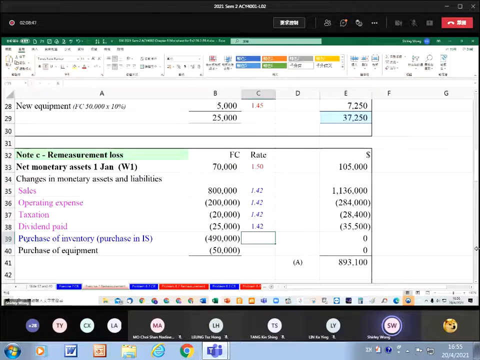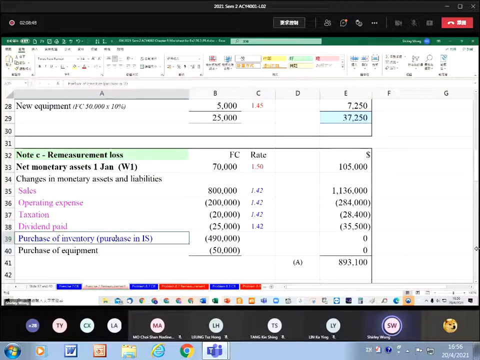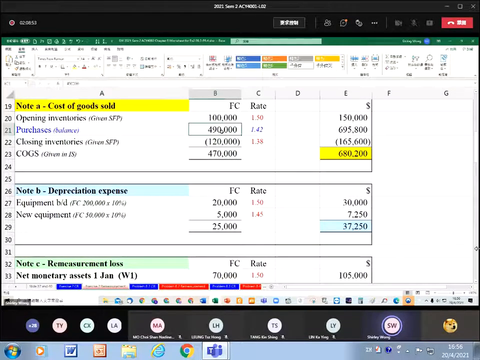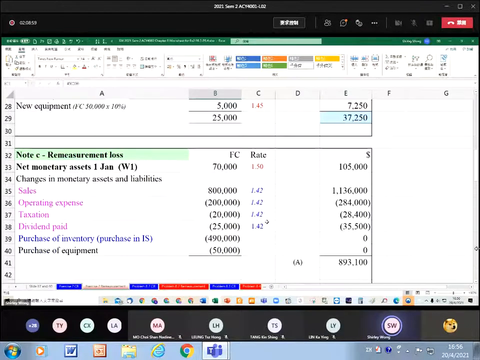And then here for the purchase, this purchase is the purchase in the income statement. This purchase is special: the cost of goods sold is made up of 3 parts, and the purchase is also 1.42, so we write it out as well. Besides these, what else is not using the average rate or closing rate? It is the equipment.